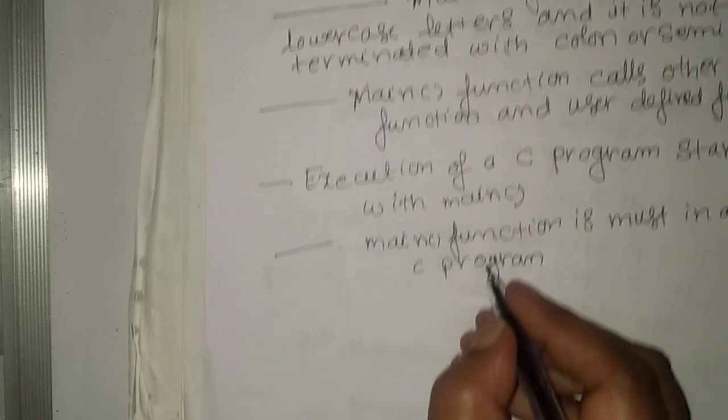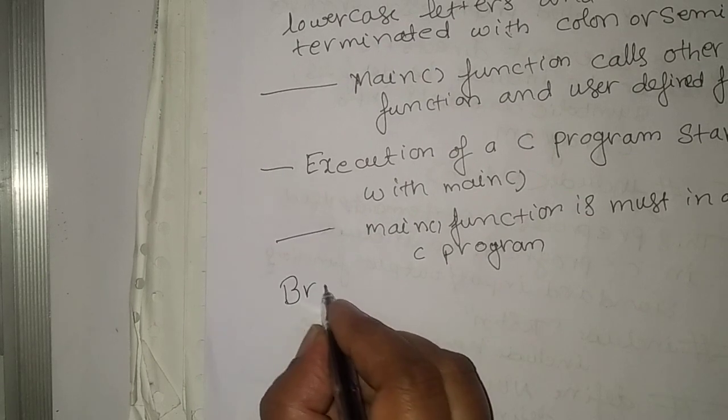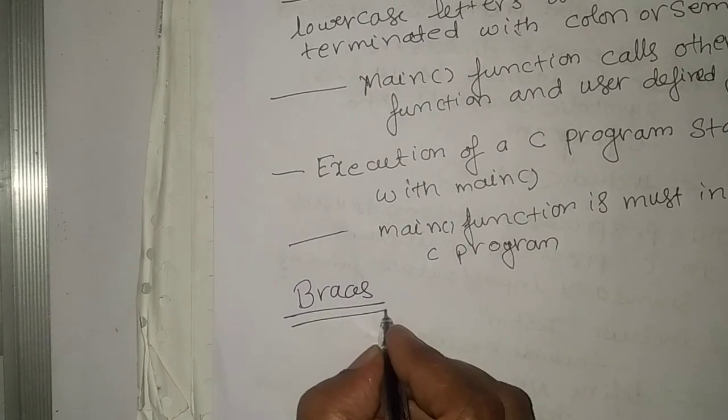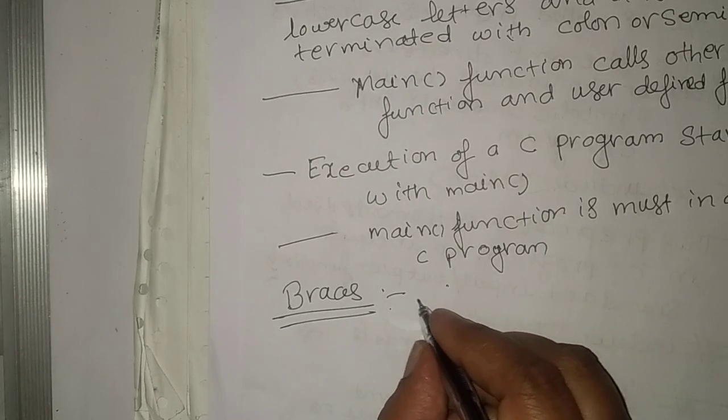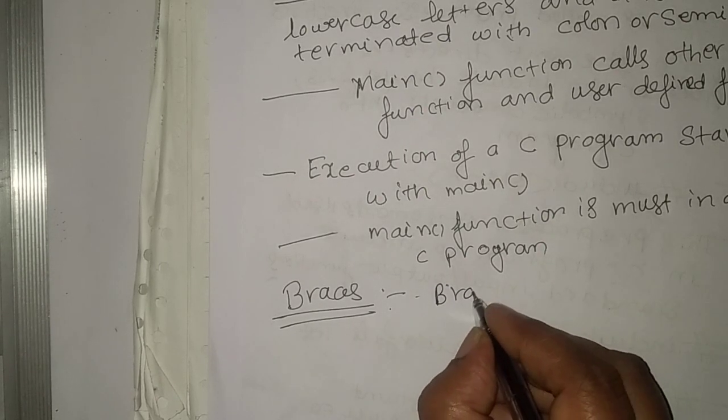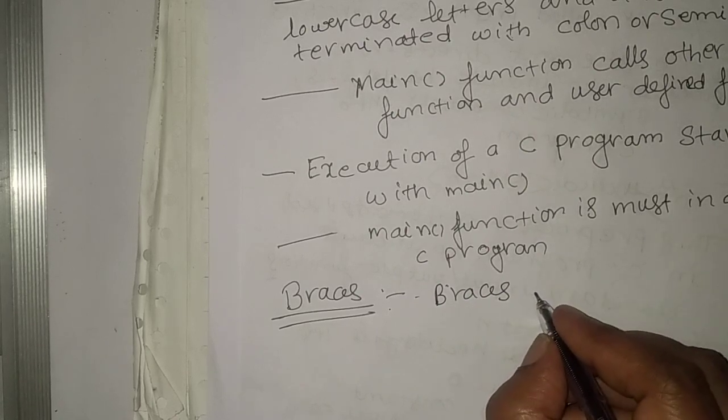Next is the braces. What do they indicate? Braces in a C program indicate the beginning and end of the C program.